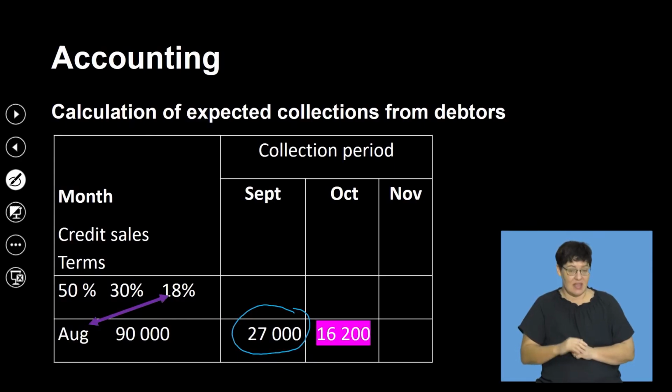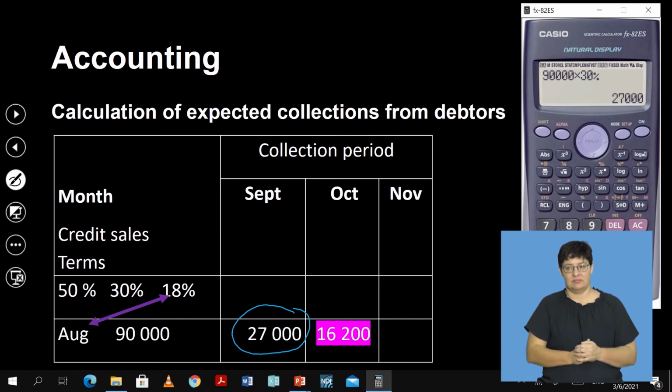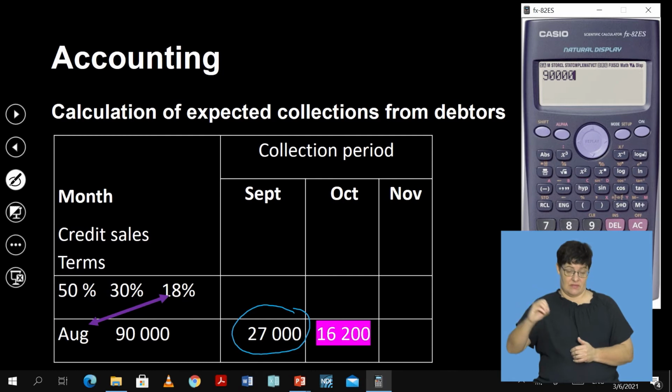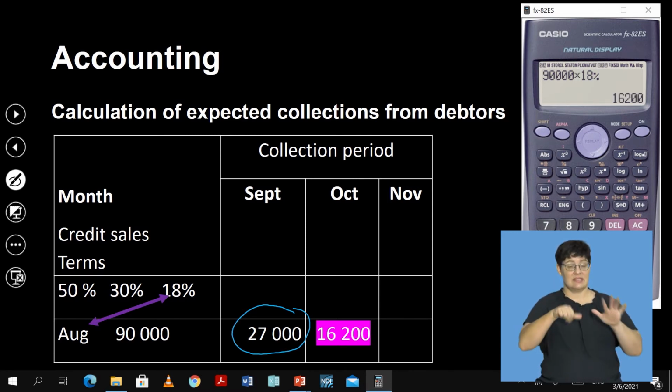Therefore, I take my August sale once again, which is 90,000. So basically, guys, this means that the 18% I'm expecting to receive in October, that figure is 16,200.